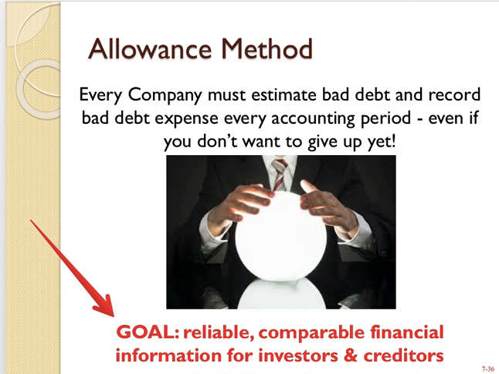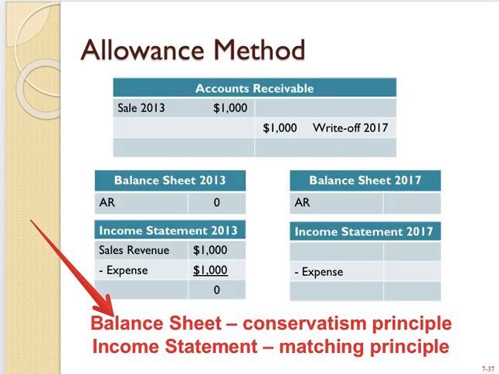So how do we make this happen? Well, as I mentioned in the previous video, the allowance method says that we're going to record expense every period, whether we give up or not. And so this causes us to have a balance sheet that matches the conservatism principle, where we're showing a less optimistic estimate of what we're going to collect.